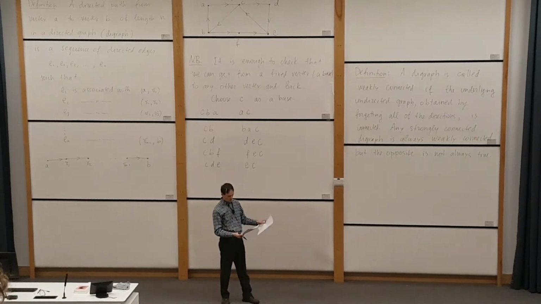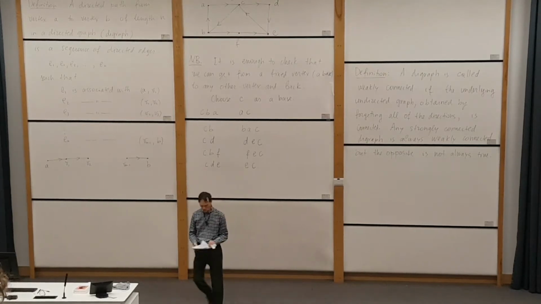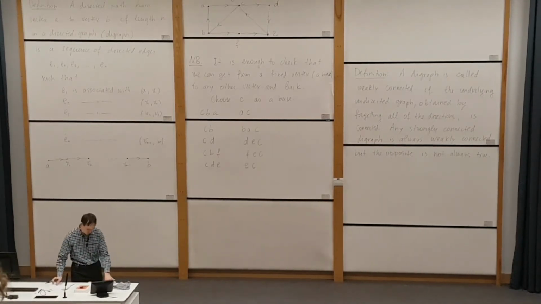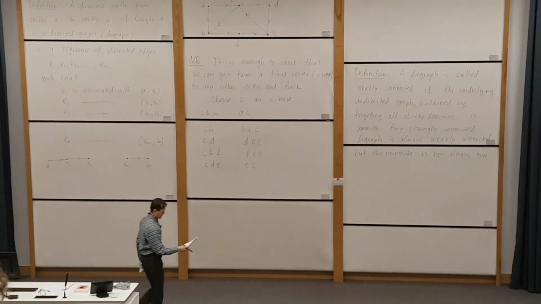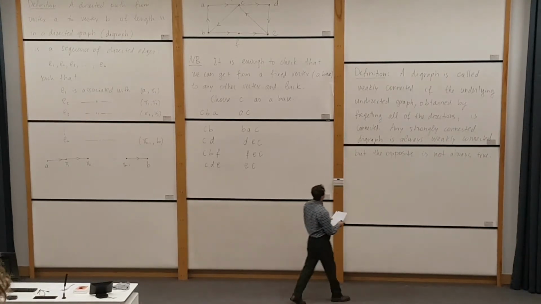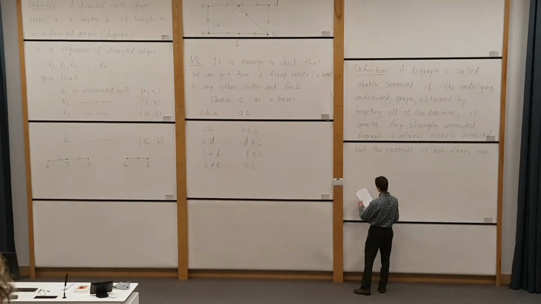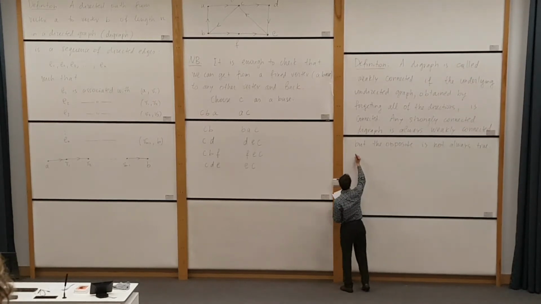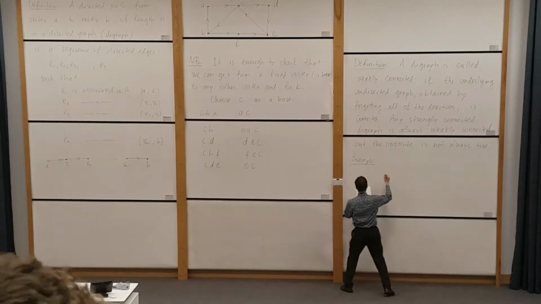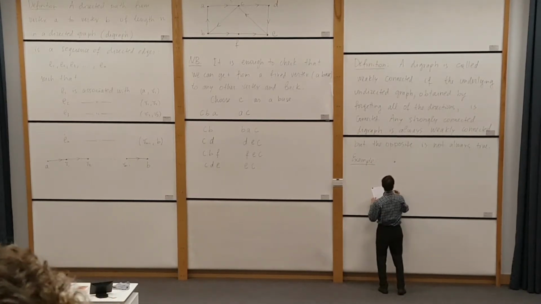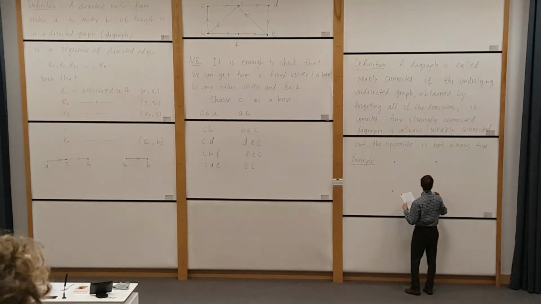But my next example will show that there are graphs which are weakly connected but not strongly connected. Here's an example of such a graph.